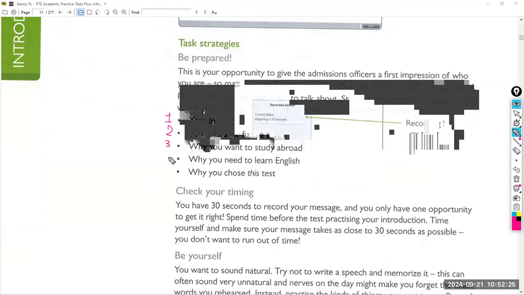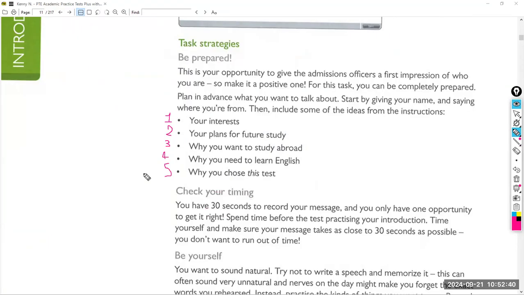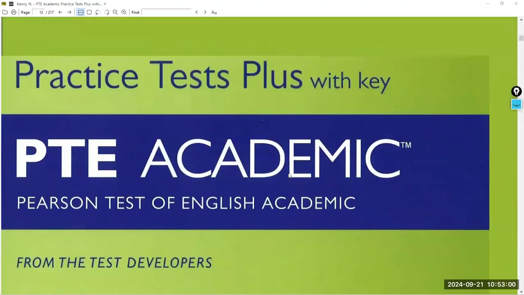You can take a screenshot if you want. Please prepare yourself to say the best introduction. This is about the personal introduction.